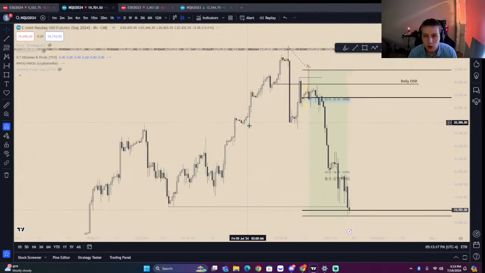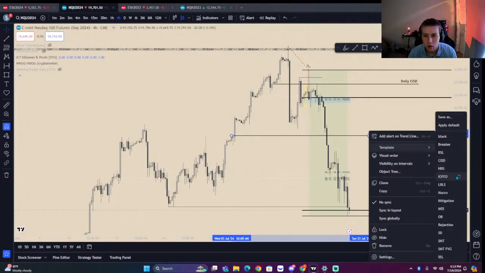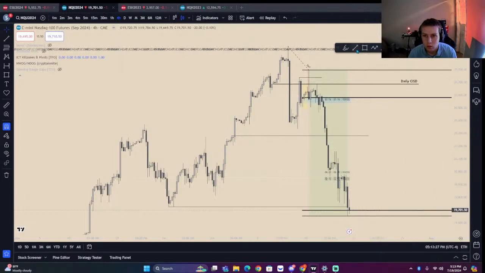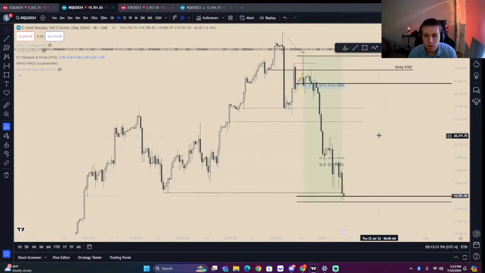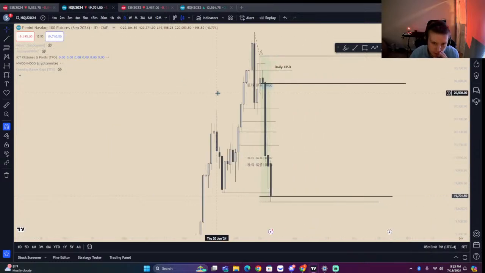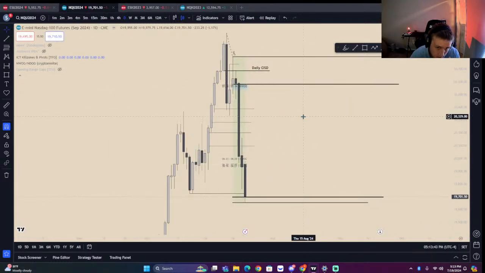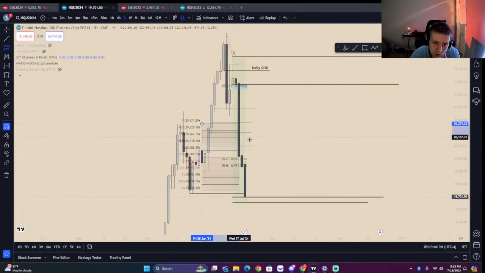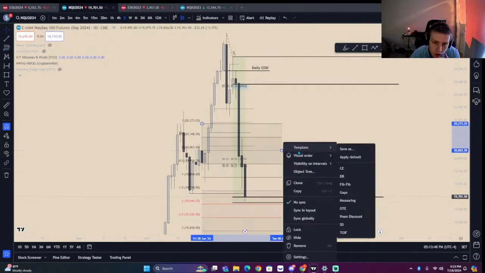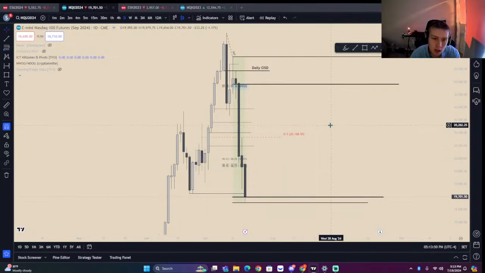I do want this 4 hour though that I had marked here. Are there any important daily levels? CE of that wick.